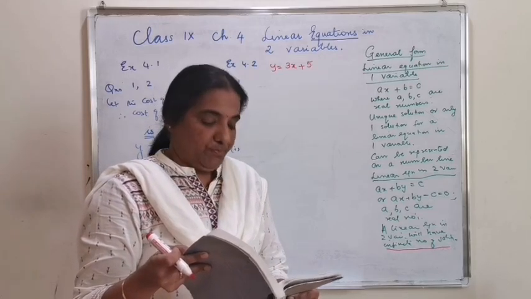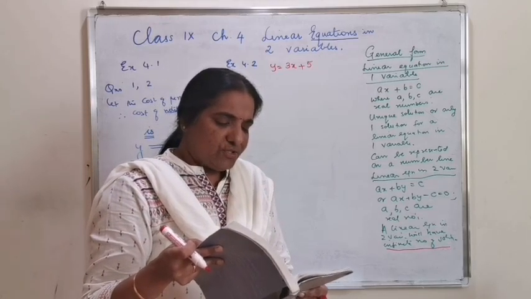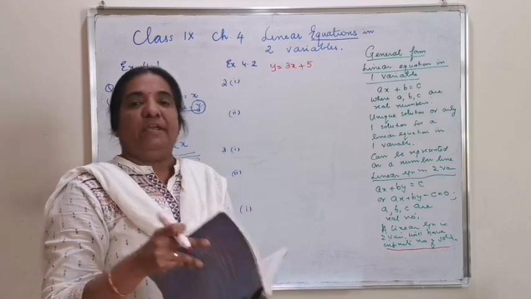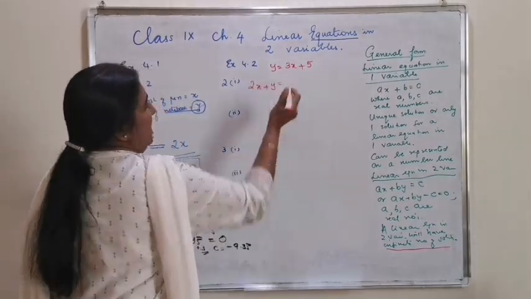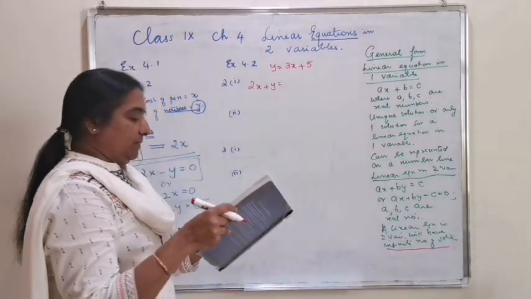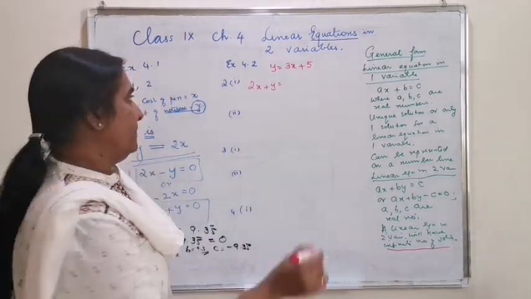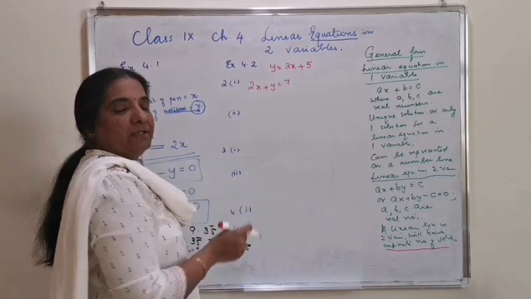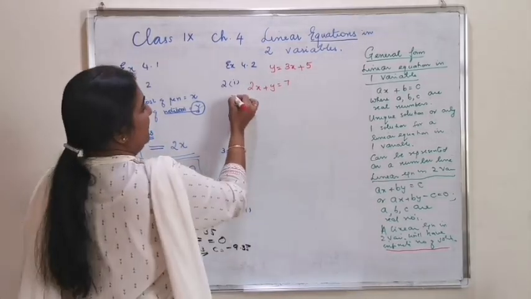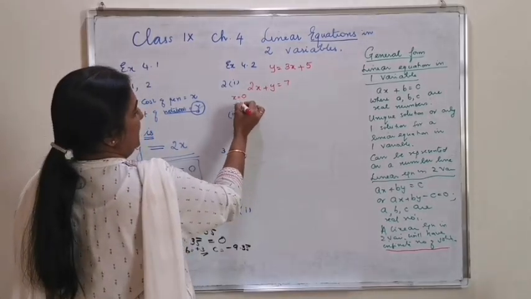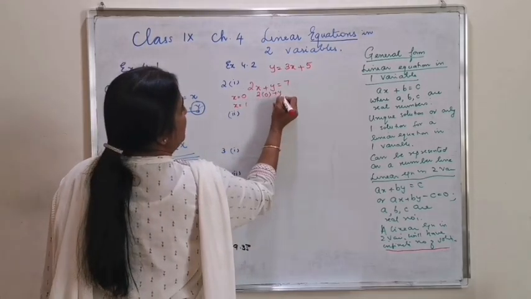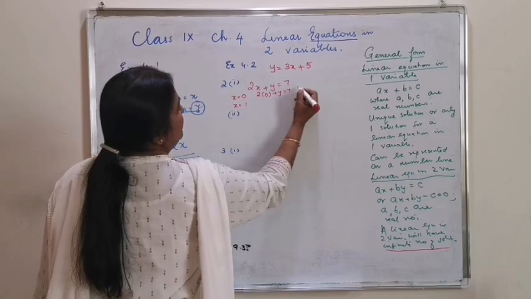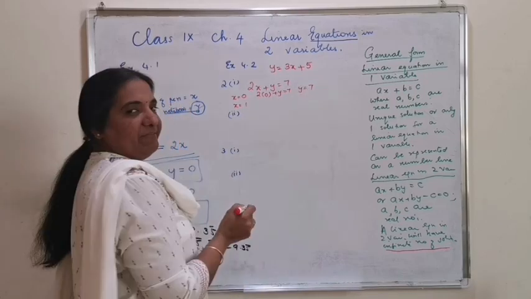Question number 2. Write 4 solutions for each of the following equations. The first equation is 2x plus y is equal to 7. They wanted 4 solutions. You can randomly give values of x as 0, x as 1. So 2 into 0 plus y equal to 7 gives you y value as 7.